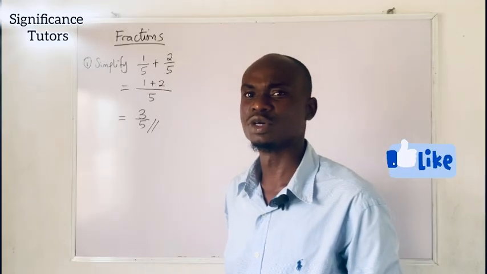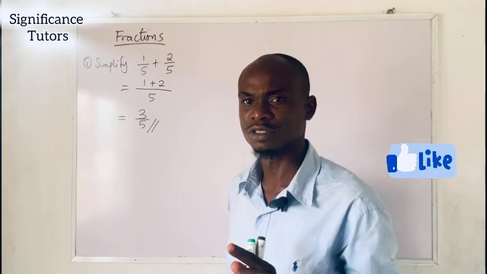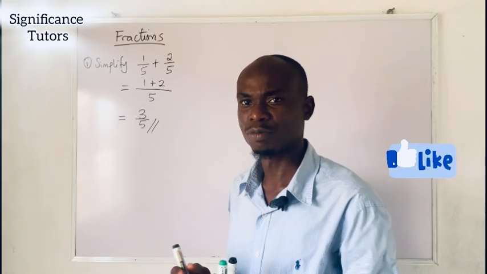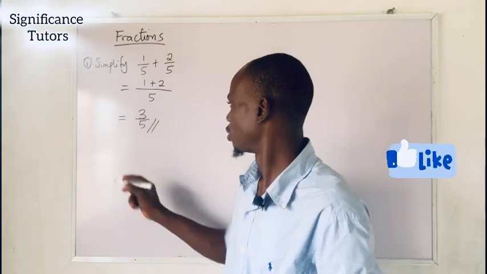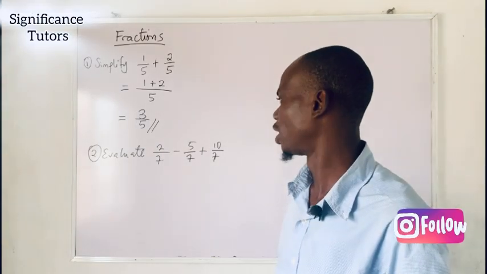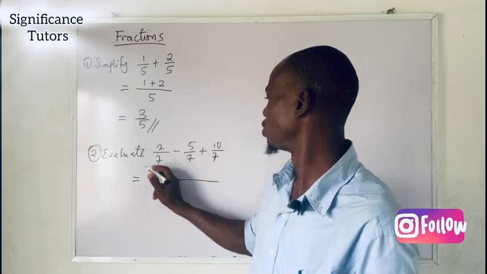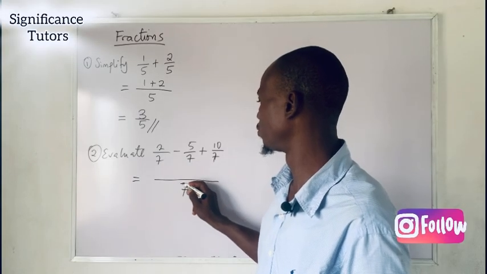This is the solution to this first one. Whenever the denominator is the same, it's so straightforward. You just need to pick one of the denominators and add up the numerators. Another example, let's assume we are given this fraction to add. The same thing goes. The LCM is 7 because they are all the same.